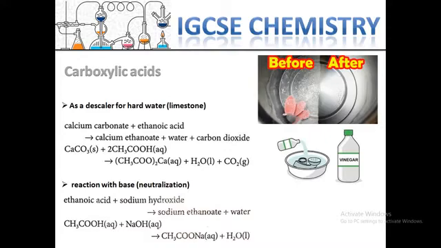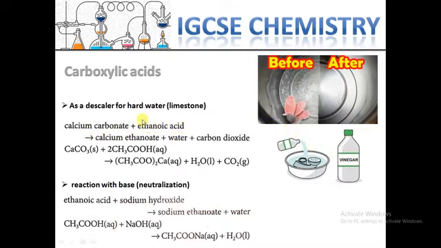After a while of using this type of water in a pot, kettle or tap, they get some calcium carbonate and limestone left on the surface. So we can use vinegar to wash away this calcium carbonate, and we can also use ethanoic acid.